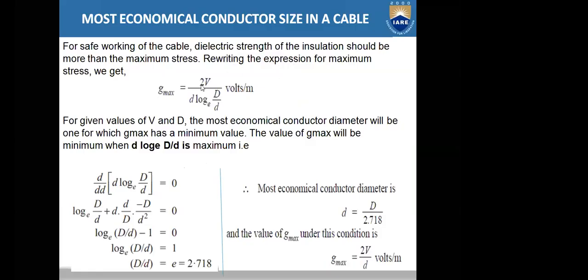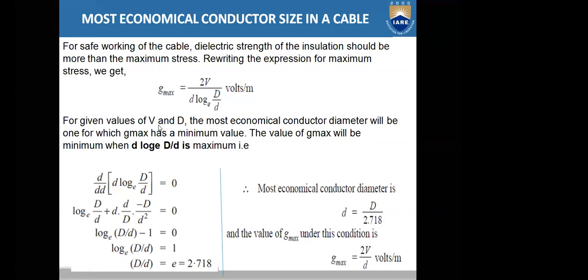So we write the expression for the maximum dielectric stress: G max is 2V by small d into ln capital D by d. You have to choose the dielectric strength of the insulation to be more than this. For a cable, the voltage V and the total or sheath diameter D will generally be kept constant, and the variable parameter here is small d, the diameter of the conductor.